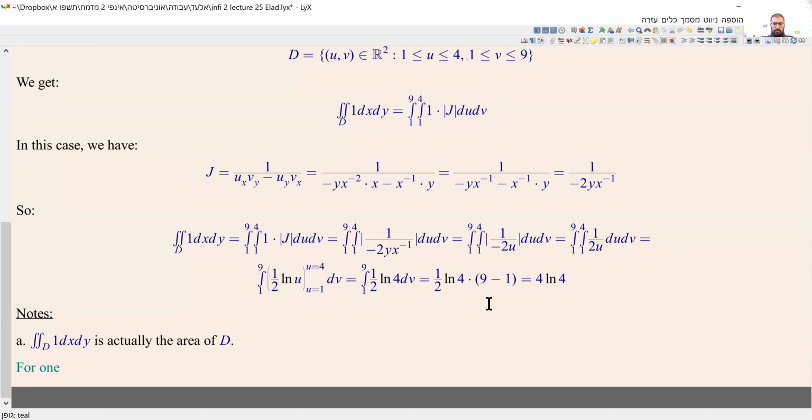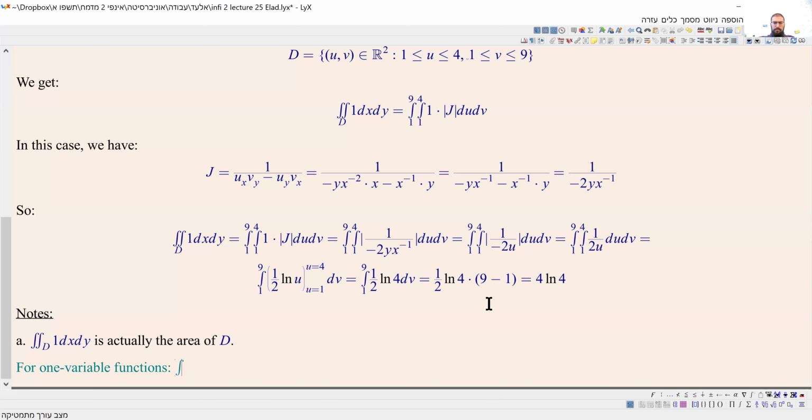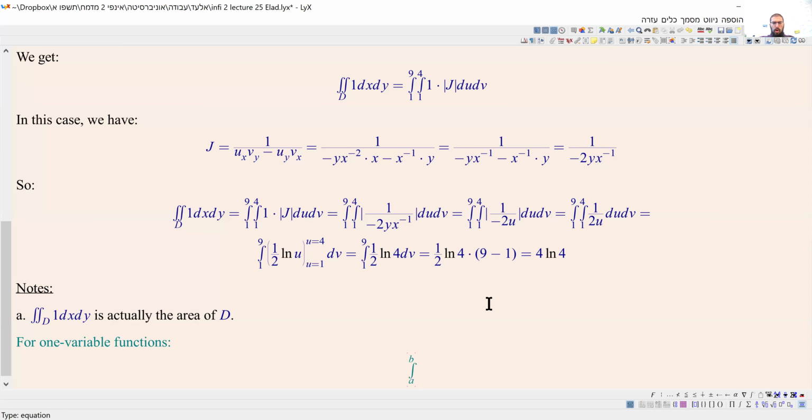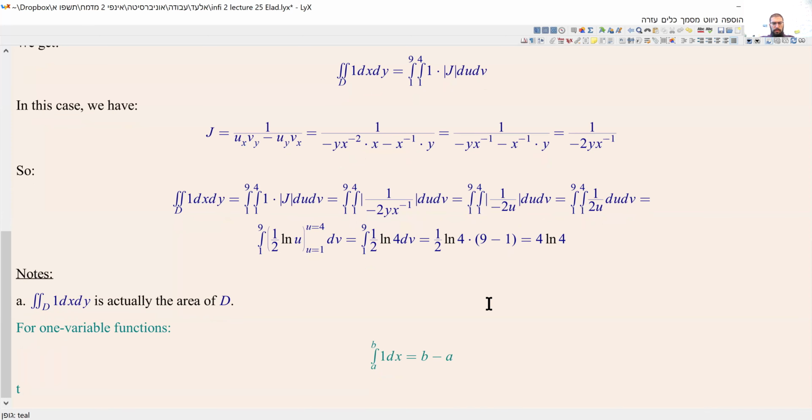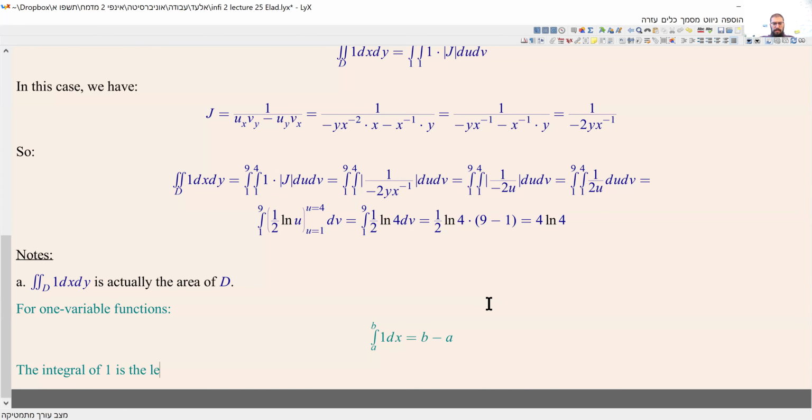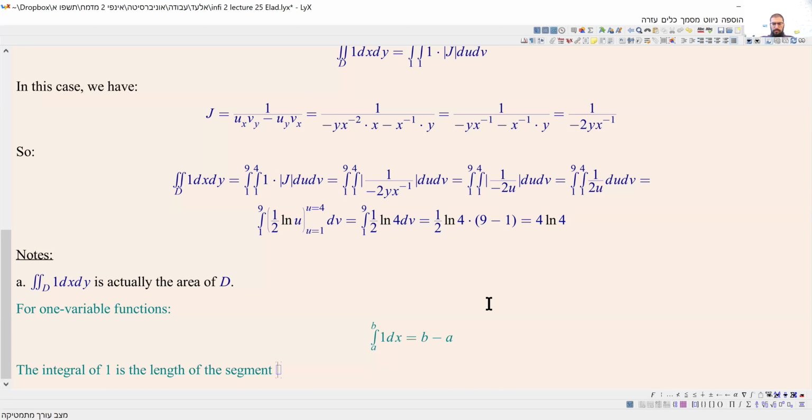For one variable functions, the integral of 1 over AB is B minus A. The integral of 1 is the length of the segment AB.